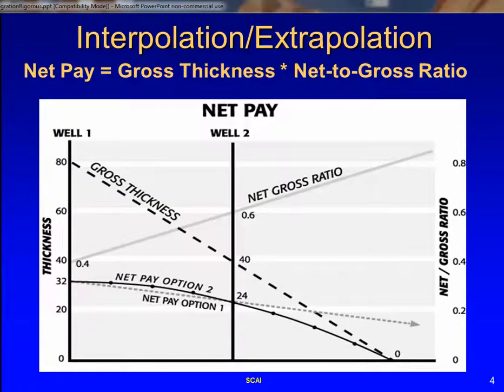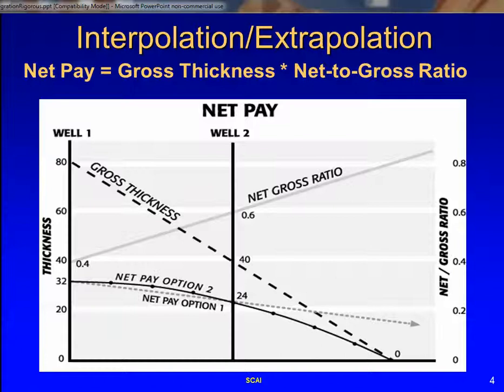In this linear example, we have 2 wells. Gross thickness is trending toward 0. Net to gross ratio is increasing as gross thickness is decreasing. If we interpolate or extrapolate gross thickness, it goes to 0 and defines the edge of the field. If we interpolate or extrapolate net to gross ratio, it does not go to 0.